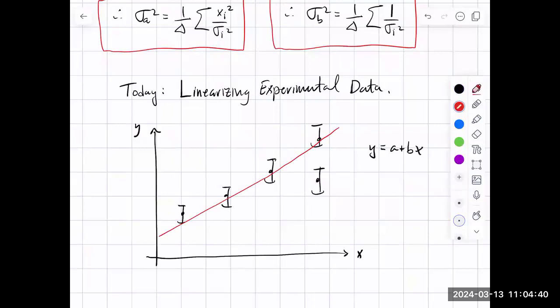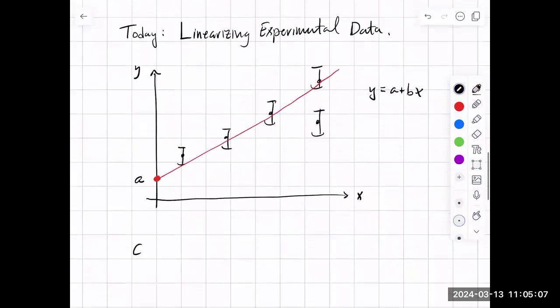The intercept would be right here where x equals 0. The way we've written it, the intercept is a. Better get that right. So here's a. And then the slope b would be determined by the rise over the run, something like that.